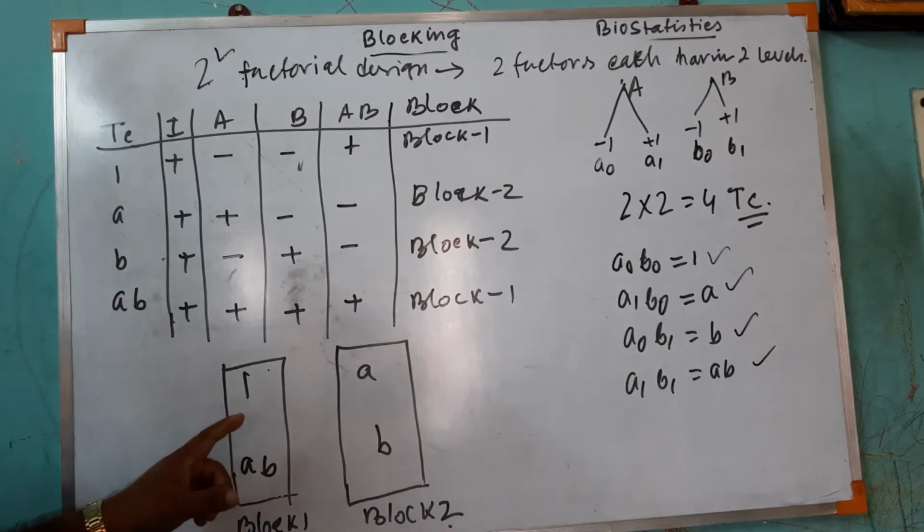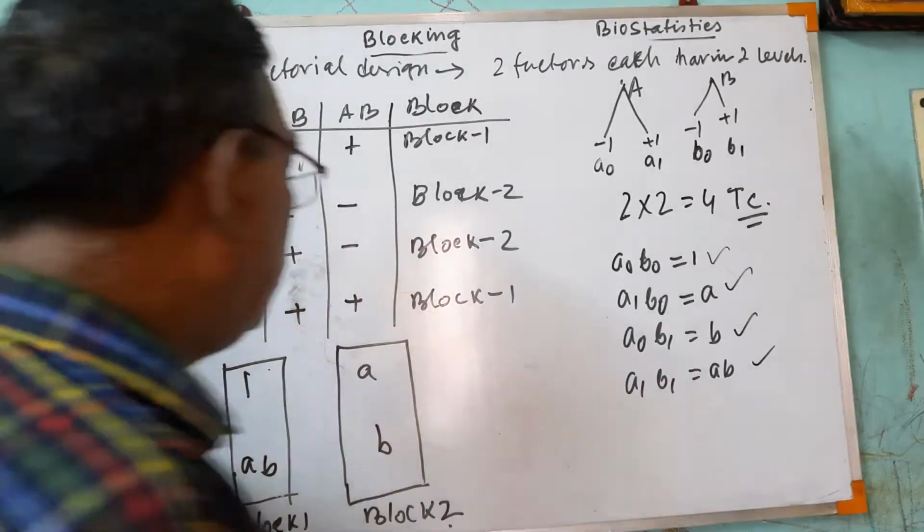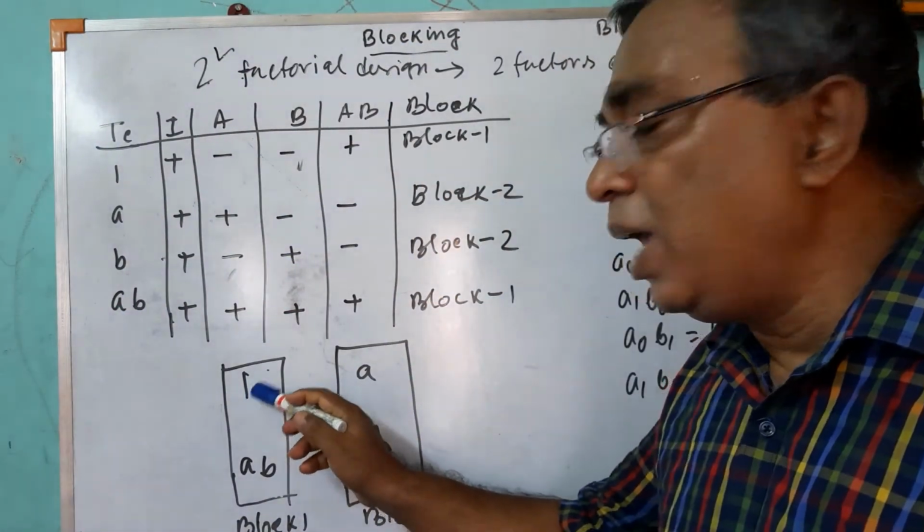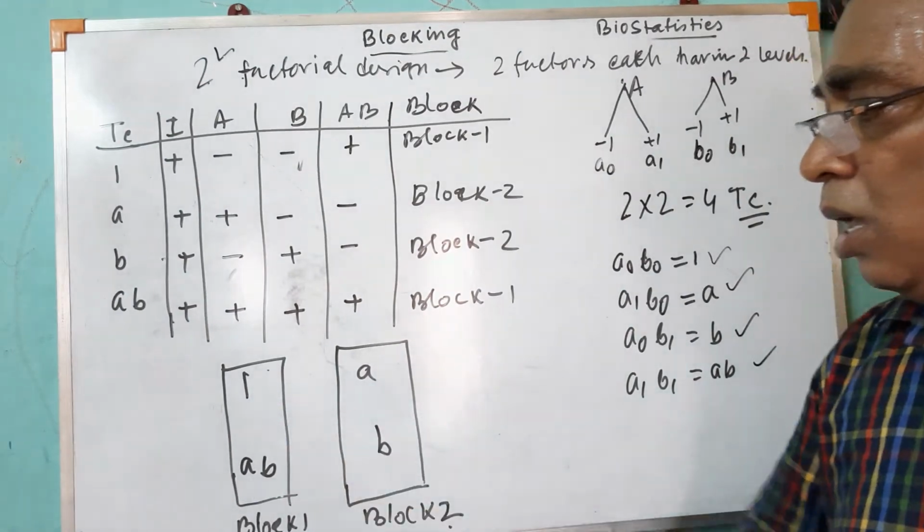That is known as the principal block. If 1 is in here, this is known as the principal block.